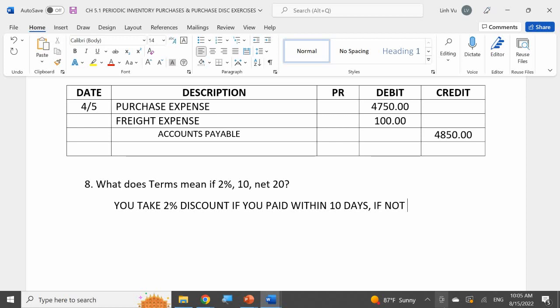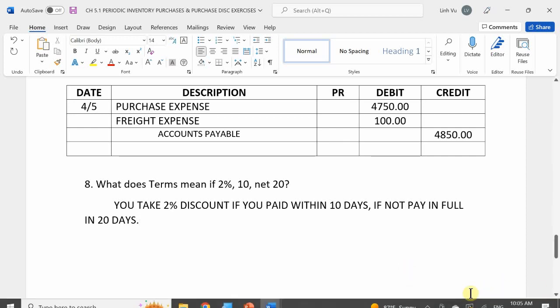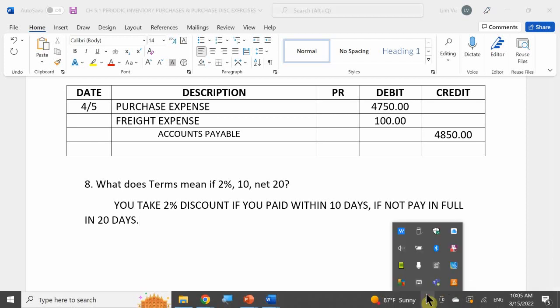So I have exactly 10 days from now to receive that 2% discount. If not, I only have 20 days to pay this entire bill off. Okay, if not, pay in full in 20 days. Good. All right. Awesome. Any questions so far in regards to chapter 5.1 and 5.2?